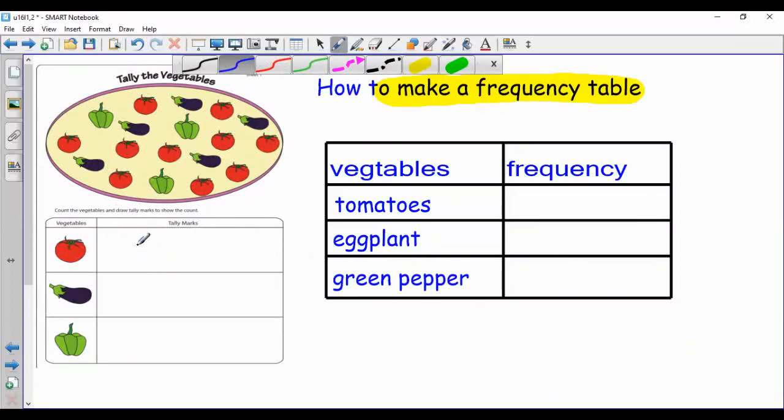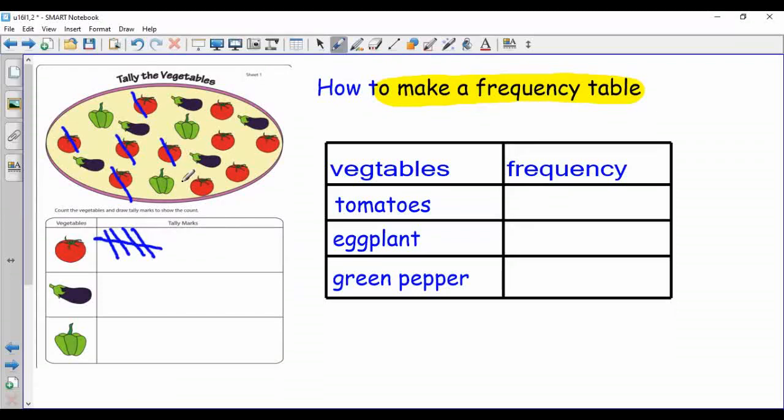In this square, I will put the tallies. So if I have a tomato here, I will make a tally for it. Tomato here, a tally. And don't forget that the fifth one will be a cross. Okay, so I have made the tallies for the tomatoes.